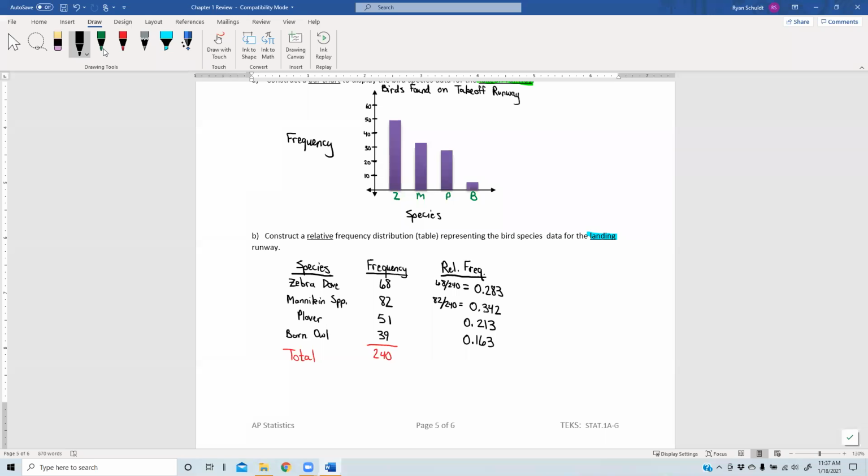Now, ideally, if you're constructing a relative frequency table, you wouldn't show this part. So I'm going to make a note here. Don't show in table.